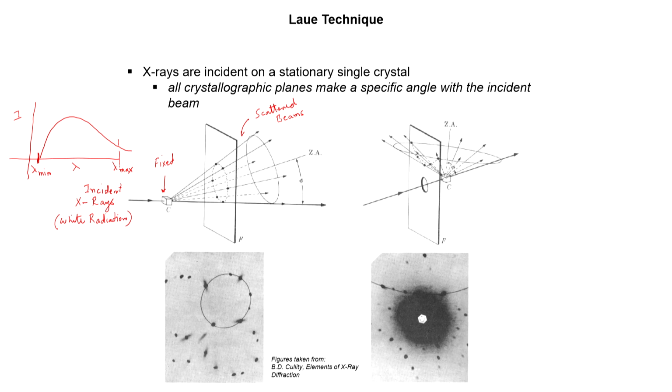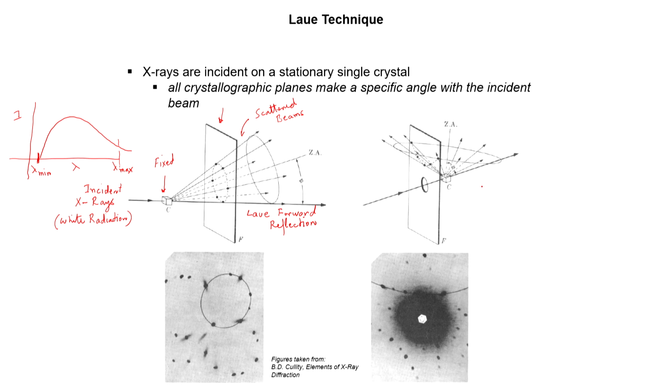Now, this is one kind of geometry in which the X-ray beam is going through a thin crystal, and therefore, this geometry is also called the Laue forward reflection.